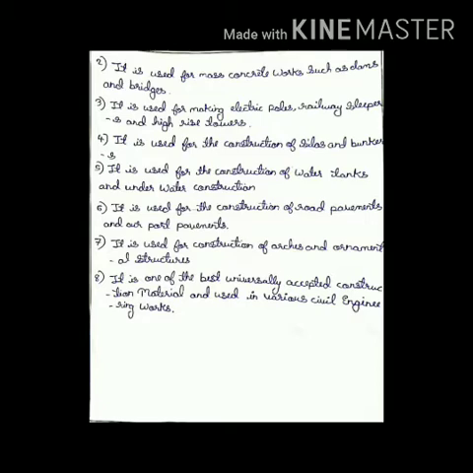Third use is it is used for making electrical poles, railway sleepers, and high-rise towers. Concrete is used for the construction of silos, bunkers, etc. Concrete is used for the construction of water tanks and water retaining structures. Next use is the construction of road pavements and airport pavements, etc. Concrete is used for the construction of arches and ornamental structures.